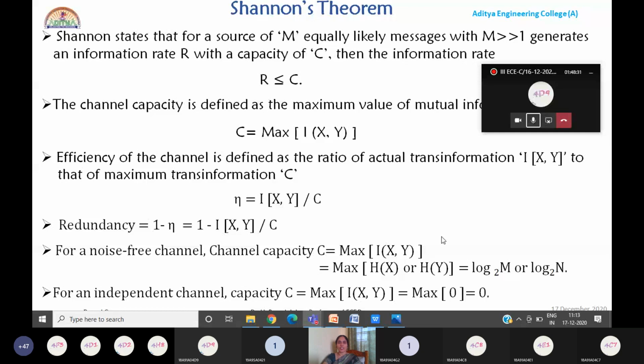What is the maximum entropy for m equally likely messages, or the maximum entropy of n equally likely messages that occurs at P is equal to 1 by n?